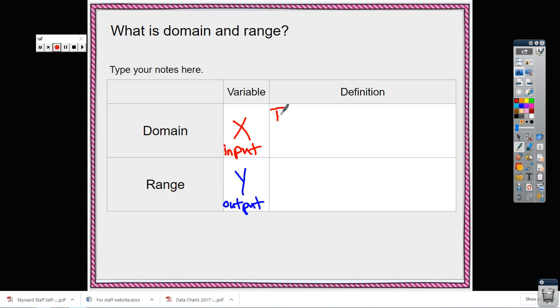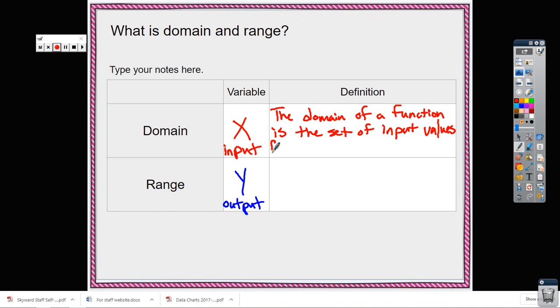So again, the domain of a function, you guys can type this in, it's a whole lot easier for you to type it in, is the set of input values for which the function is defined.